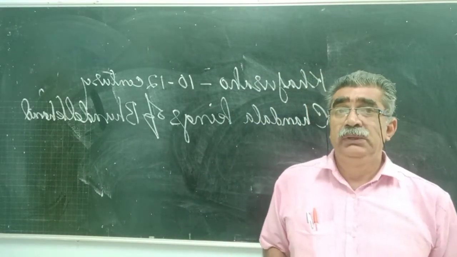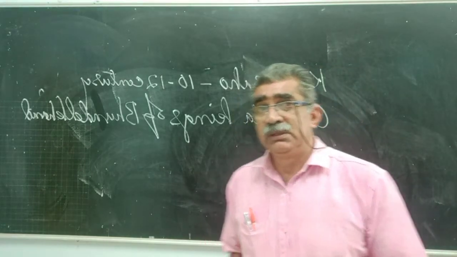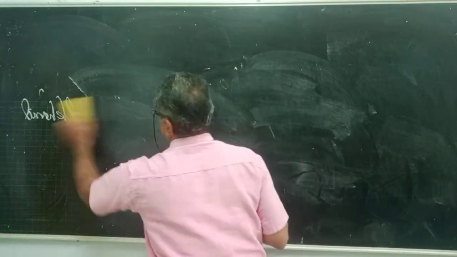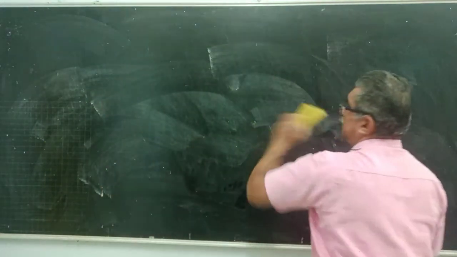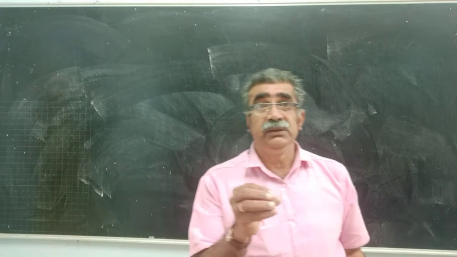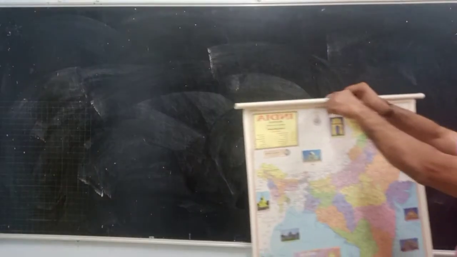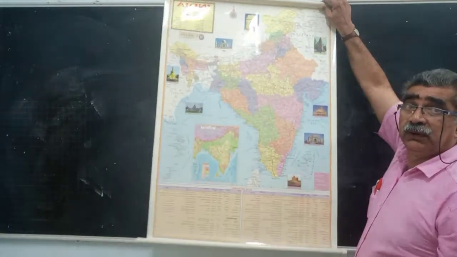Then we will go to Rajasthan and Gujarat. Some other temples of that time came into existence there. Okay. We go to Rajasthan. You know where Rajasthan is? The map. You have seen the map. Students, you must be able to locate the places.